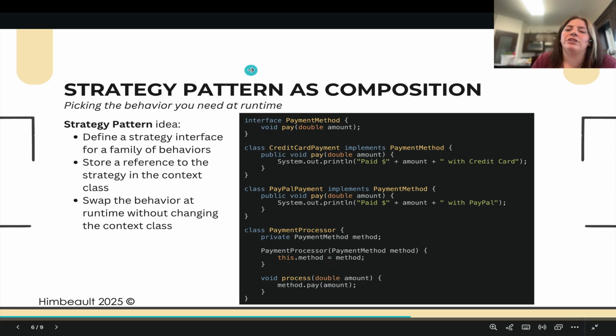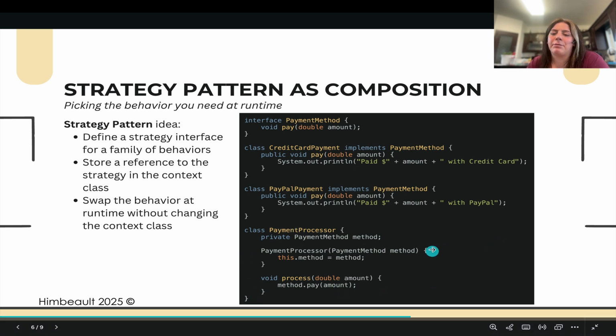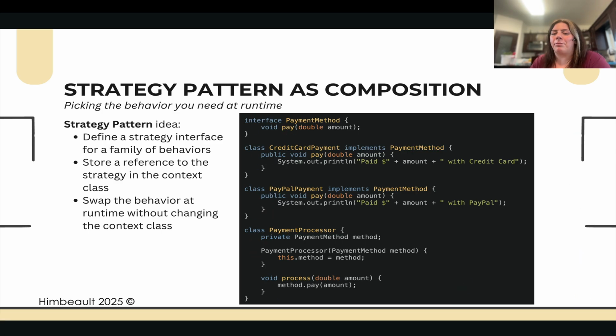So we have an interface. We have multiple different strategies that implement that interface so that they each handle their own stuff. And then we can have a payment processor that's separate, and this will actually handle the payment processing individually. This is the most common one that we see, but that doesn't mean that there aren't other ways to handle this composition.